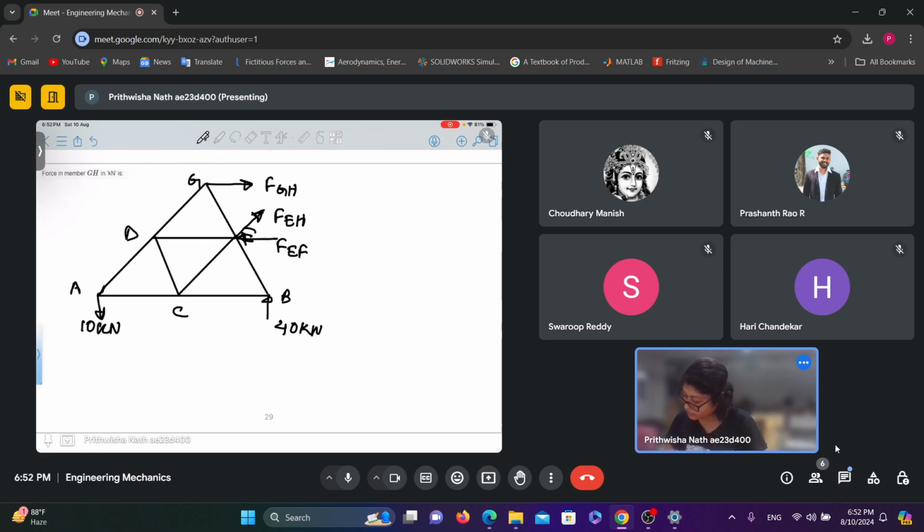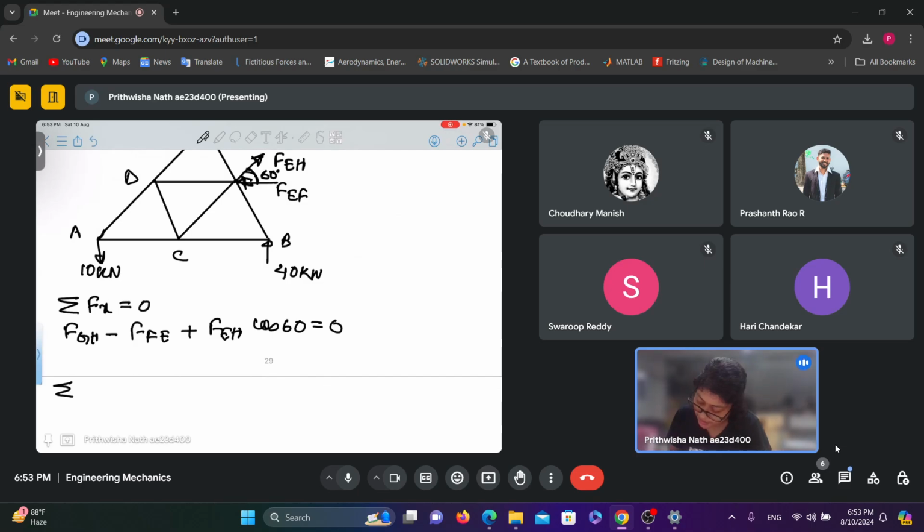So FGH minus FEF plus, this angle is 60, right? So FEH cos 60 equals to 0.